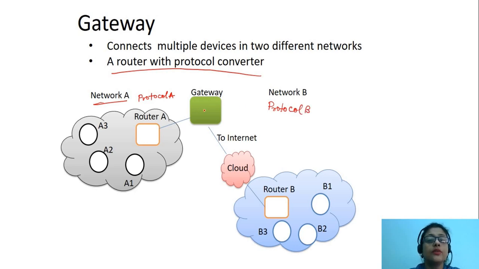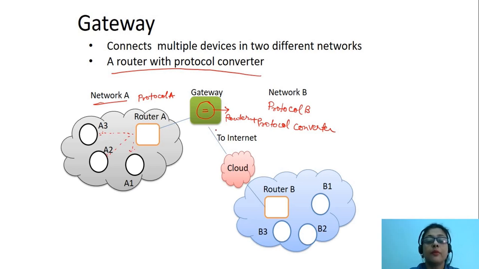So the router will reside at this point where it can be connected to router A. So this router is the gateway, having router plus protocol converter. Now this gateway is connected to this router, and this router then forwards the data packets to the connected nodes.